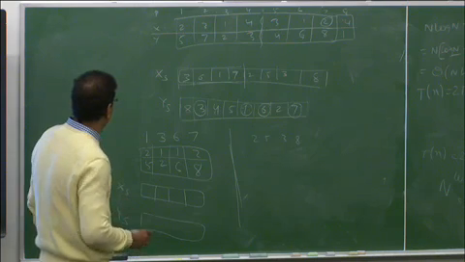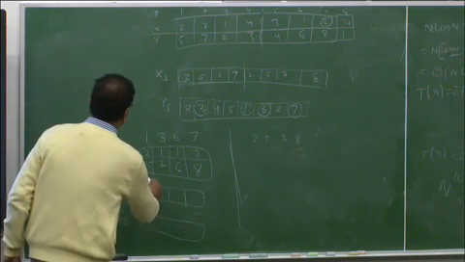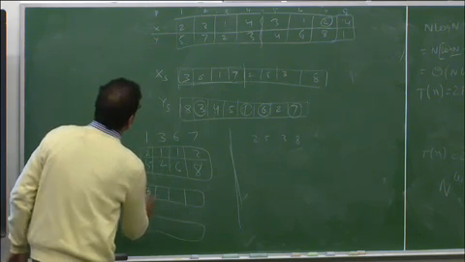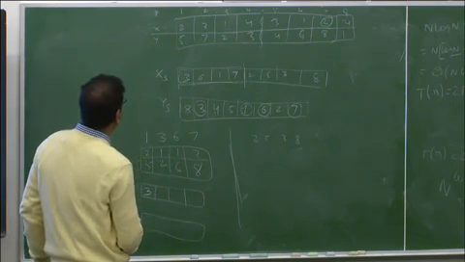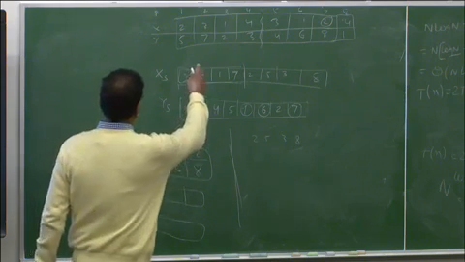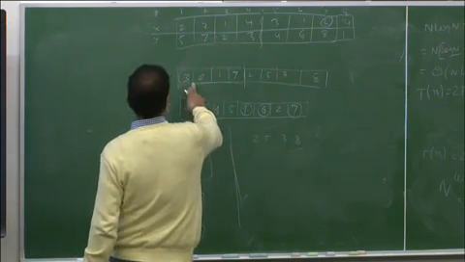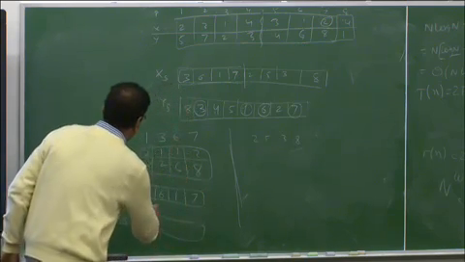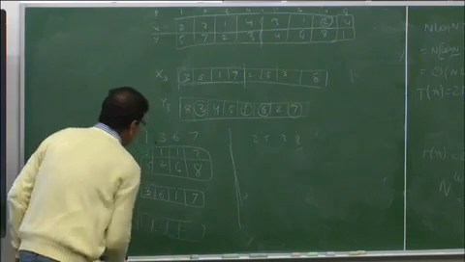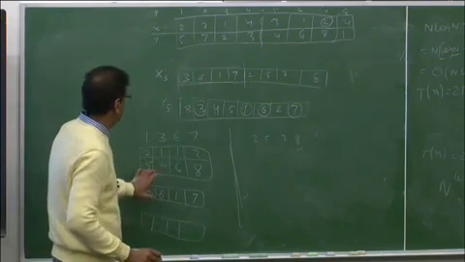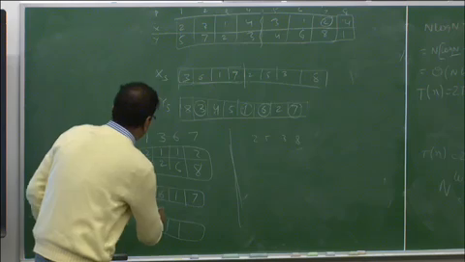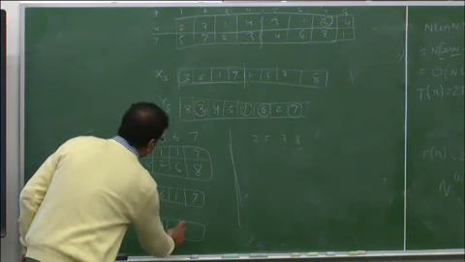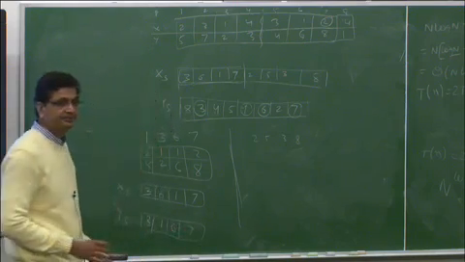So XS is 3, 6, 1, 7, right? And YS will be, sorry about that, this is basically just copying this as it is. And the YS will be 3, 1, 6, 7, right?